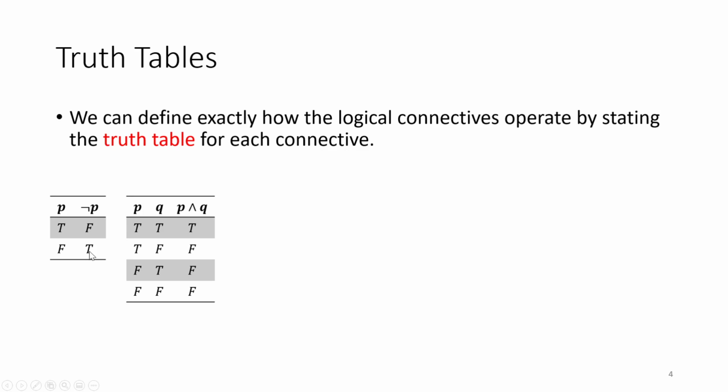Now, making the truth table when you have two variables is a little bit trickier. We need all combinations of their truth values. Normally, there's a couple ways to do this. One of them is going to iterate like we did here, true, false, all the way down. And then the next one's going to do that in blocks of two. So we have two true, two false. And that will give us all combinations: true, true, true, false, false, true, and then false, false.